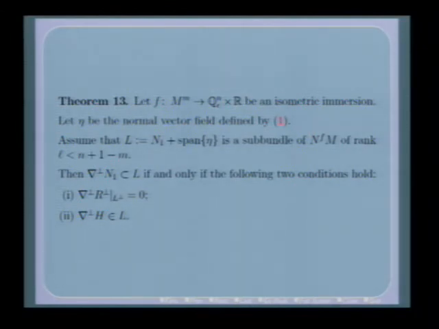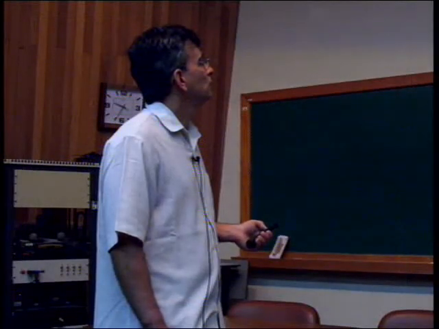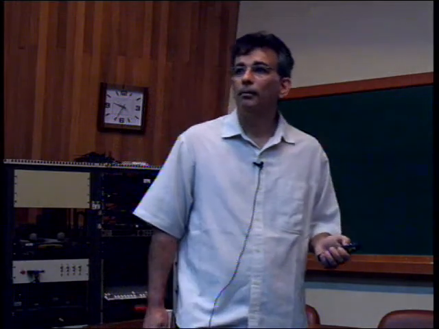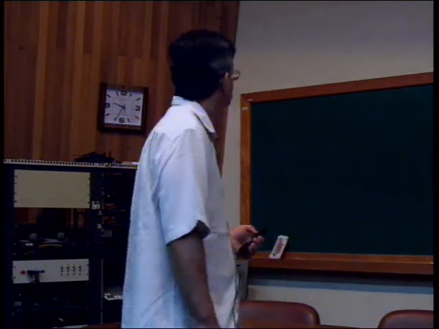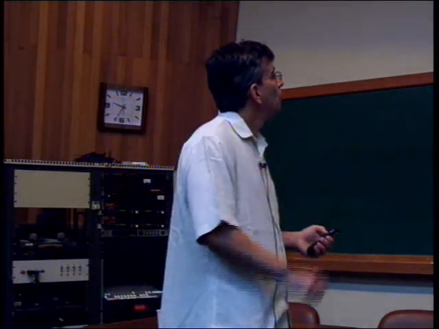So, in order for this vector subbundle to satisfy the condition in the previous result, which allows you to reduce codimension, this is equivalent to those 2 conditions being satisfied. They are the same as in the case of space forms, just replacing the vector subbundle L by the first normal bundle.